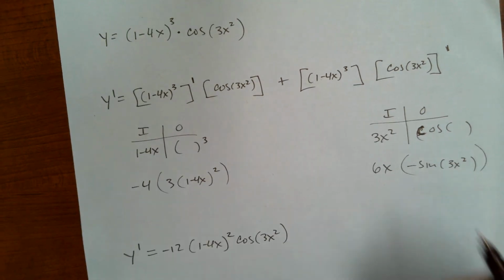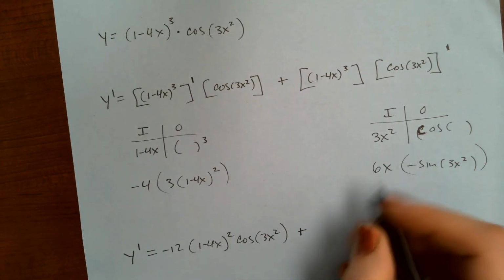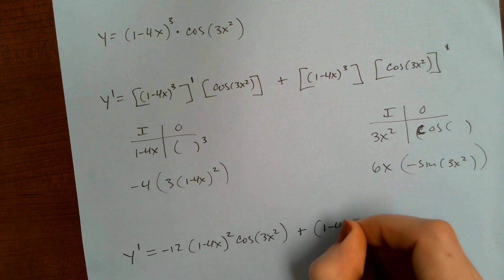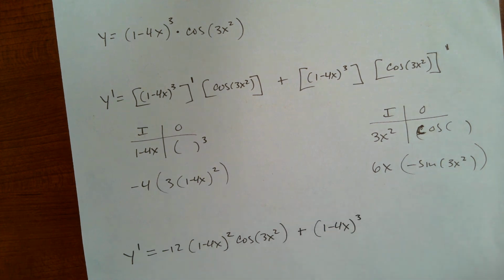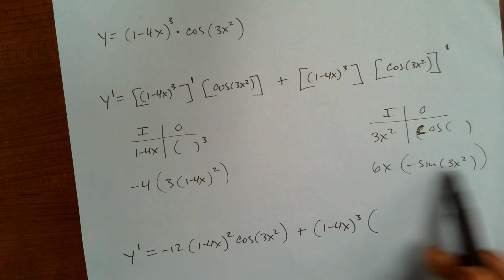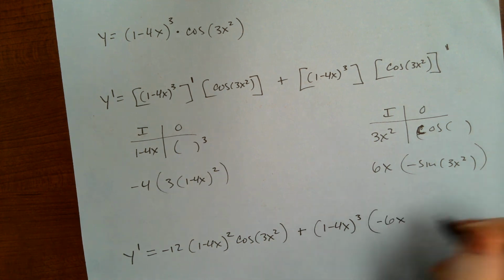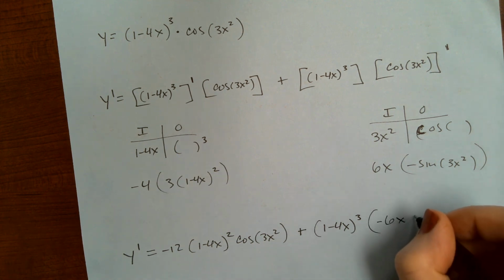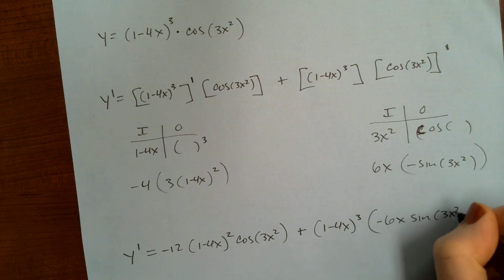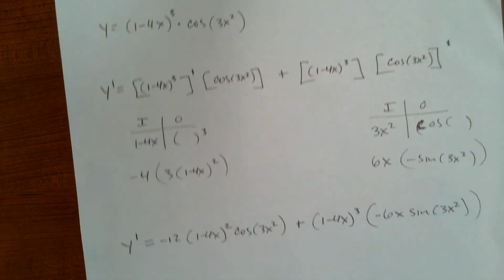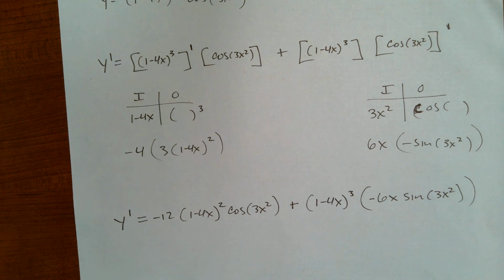Okay, you know what? Let me do it like this. All right, that's plus, and then 1 minus 4x to the third. And then this is coming down. This is -6x sine of 3x squared.